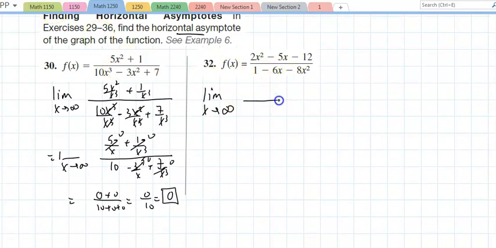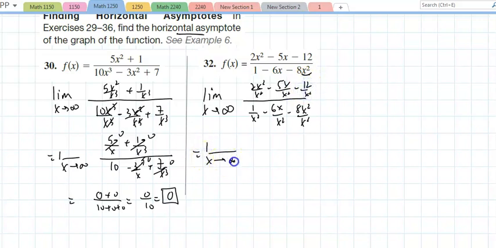Whether you say plus 0 or minus 0, you're saying the same thing. And here again, I'll divide by the highest power term of the denominator, which is x squared. So I'll divide the 1 by x squared, the x by x, negative 6x by x squared. Divide each term by x squared. And I'll get the limit as x approaches infinity of 2 minus 5 over x minus 12 over x squared, all over 1 over x squared minus 6 over x minus 8.